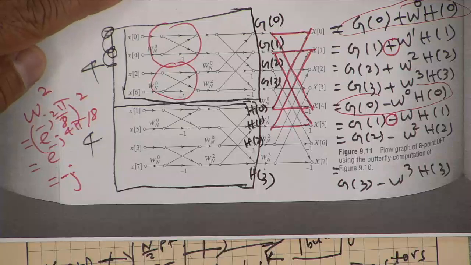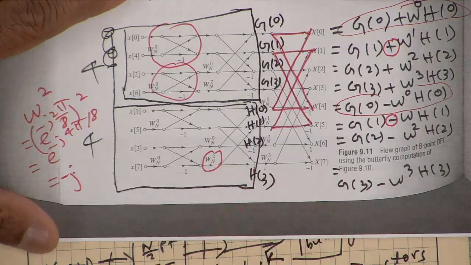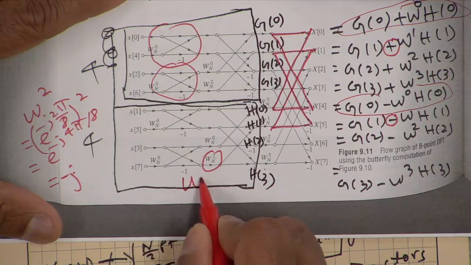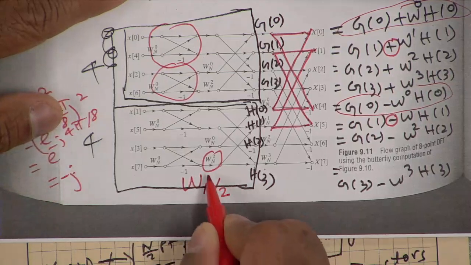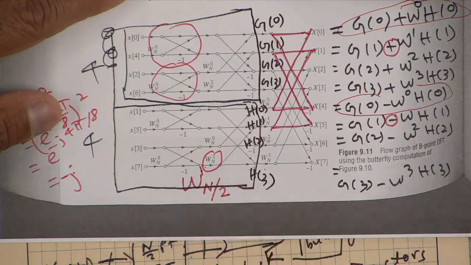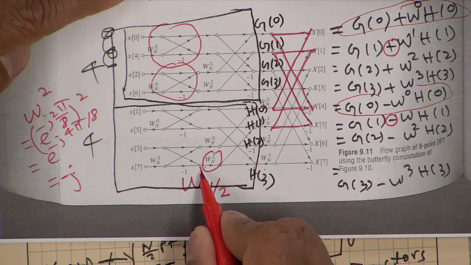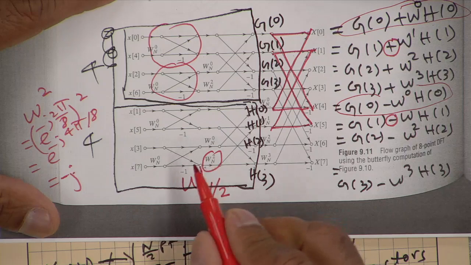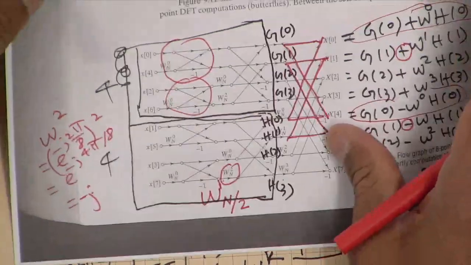So one thing to notice is that what is shown as W squared should really be written as W to the power 1, but that W is Wn by 2 to the power 1. Wn by 2 means e to the power minus j 2 pi over n by 2, raised to the power 1, is the same as Wn squared. So that's kind of a general property.